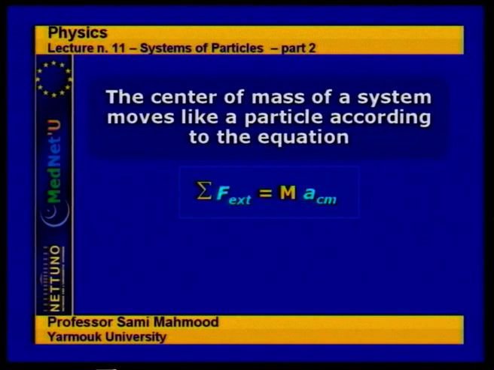What do we have here? We have a vector equation that has, in general, three components: the x component, the y component, and the z component in our Cartesian coordinate system. F external is the external forces. The summation of F external is the summation of only the external forces acting on the system.